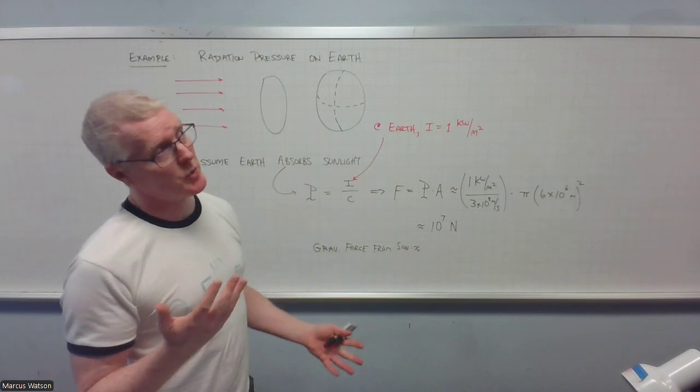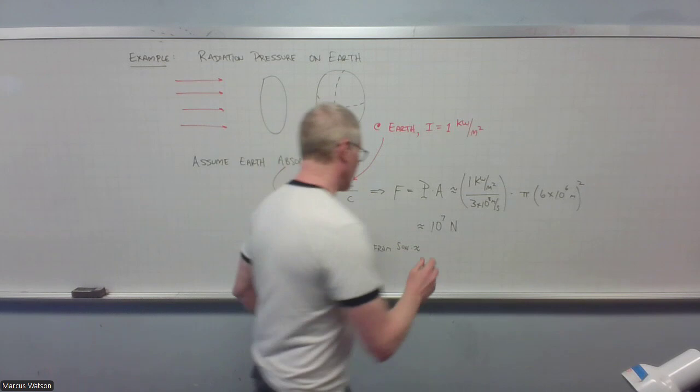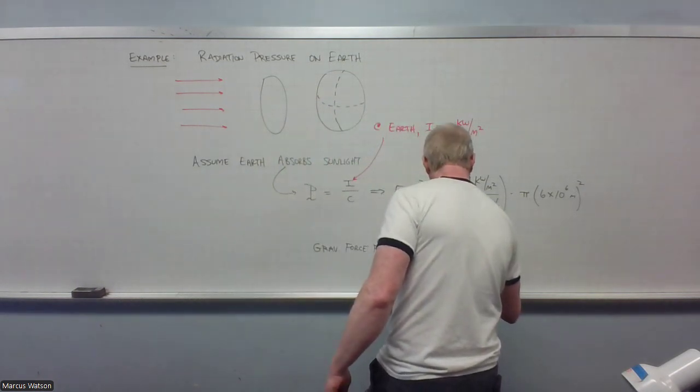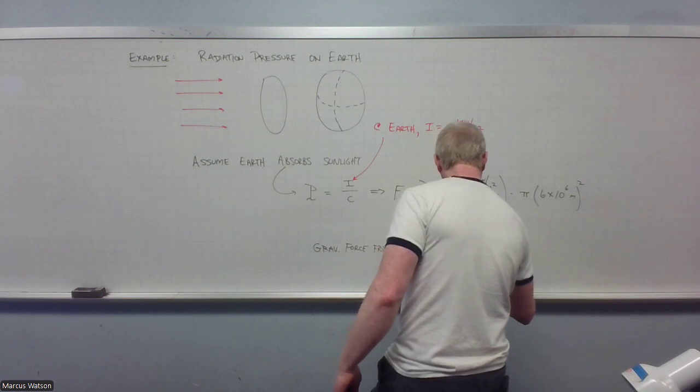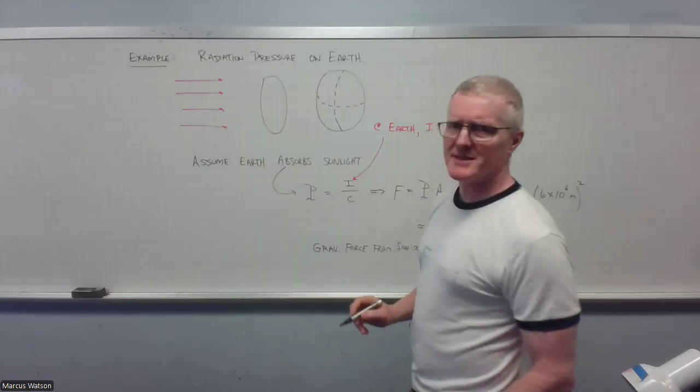So let's go with G being about 10 to the minus 11. Mass of the sun is about 10 to the 30. Let's say it's about 10 to the minus 11 times 10 to the 30. And mass of Earth is about 10 to the 24.